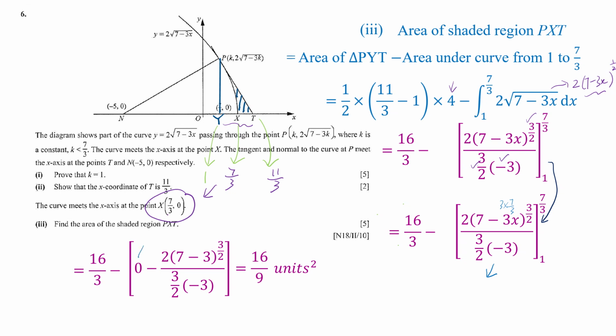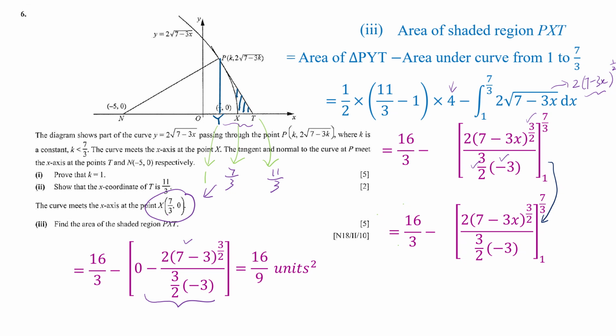So the first value is 0. Then minus away what you get when you substitute x to be 1. 3 times 1 gives me 3. So that's how I end up with this. Basically, you just use a calculator to work this out.